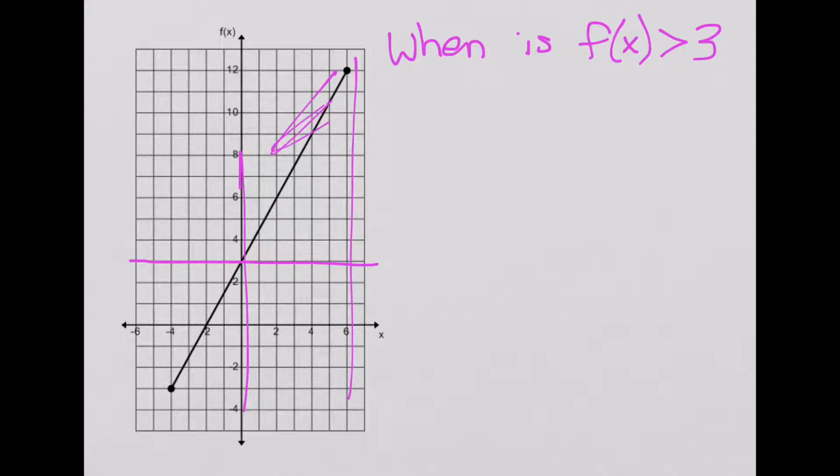So I'm going to write that as between 0 and 6. And it is higher exactly at 6, so I could go ahead and put that. But when x equals 0 exactly, it's not greater than 3, it's equal to 3. So that's why there's no equal to bar underneath right here. Okay, next problem.